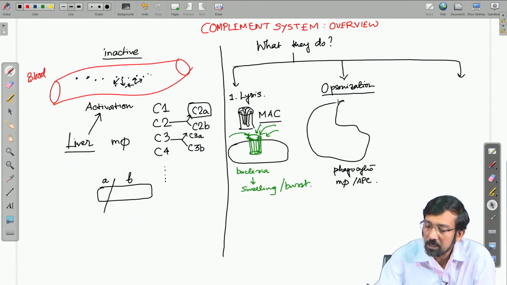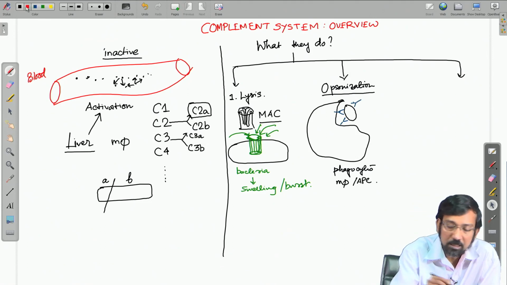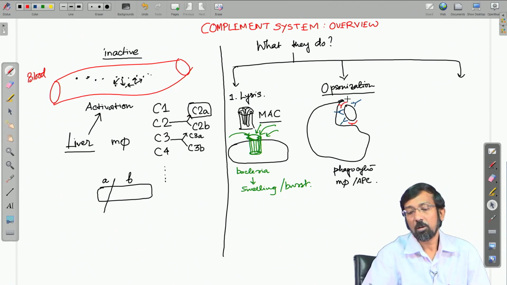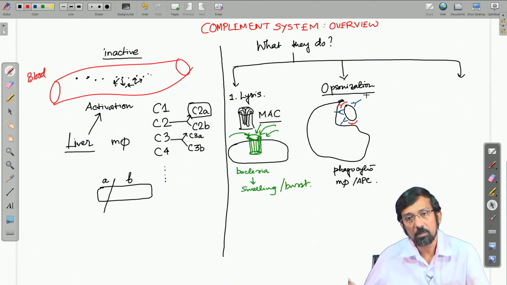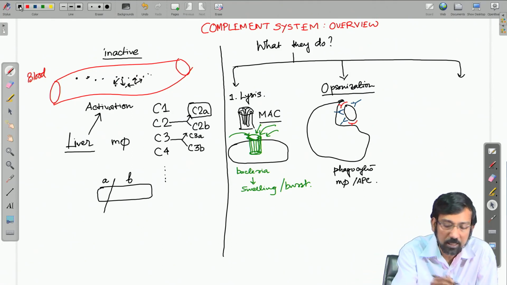So, what happens is when there are antibodies, they bind to the surface of the target pathogen, and as we also studied earlier, there are complement receptors on the cell surface, particularly of macrophages, the phagocytic cells.